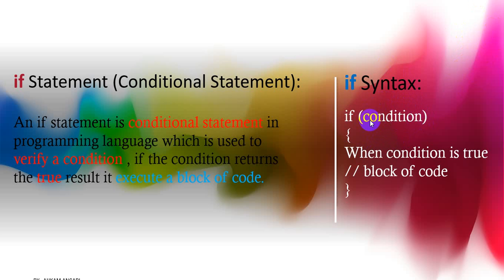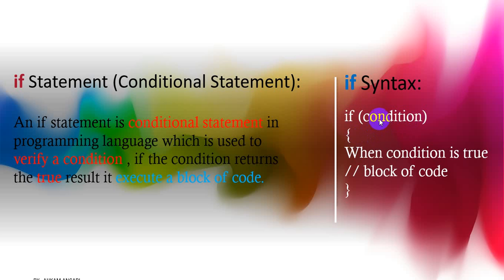The result of this condition, this statement, this decision will affect the next line of code. So first you write if, then a circle bracket. Inside that circle bracket you write the condition, the decision.